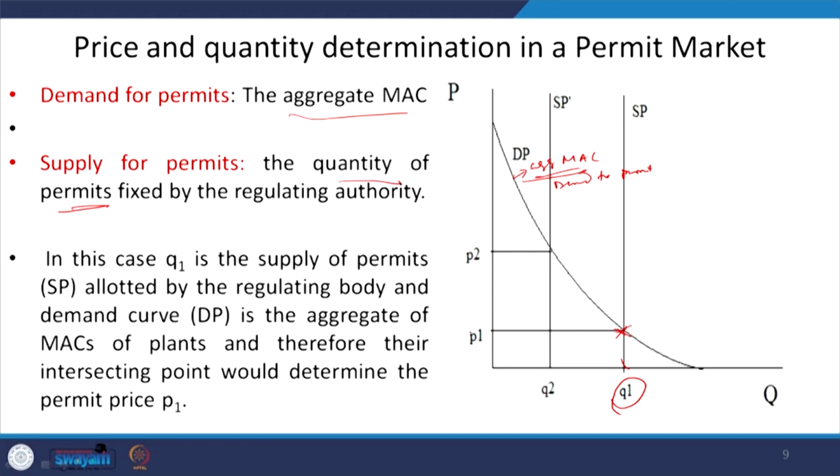So, what you can say is that in this case Q1 is the supply of permits, right, and that is how we are saying the price per permit, or permit price, is P1, okay.